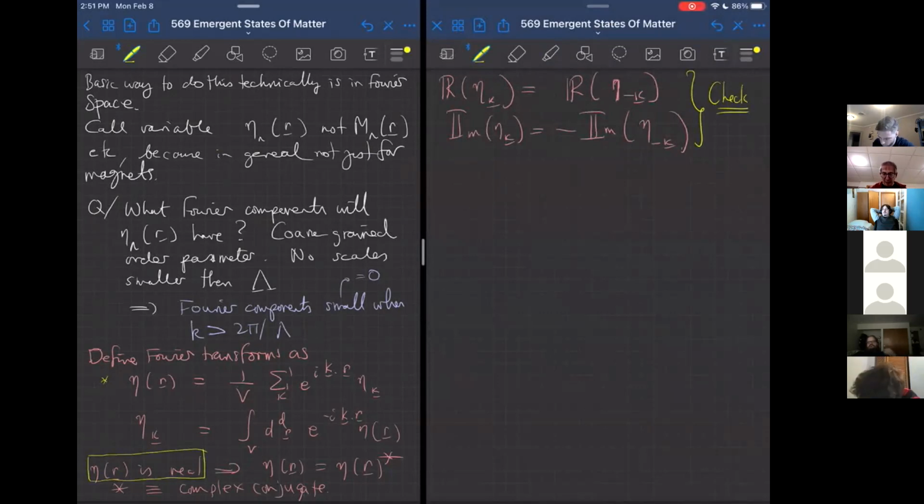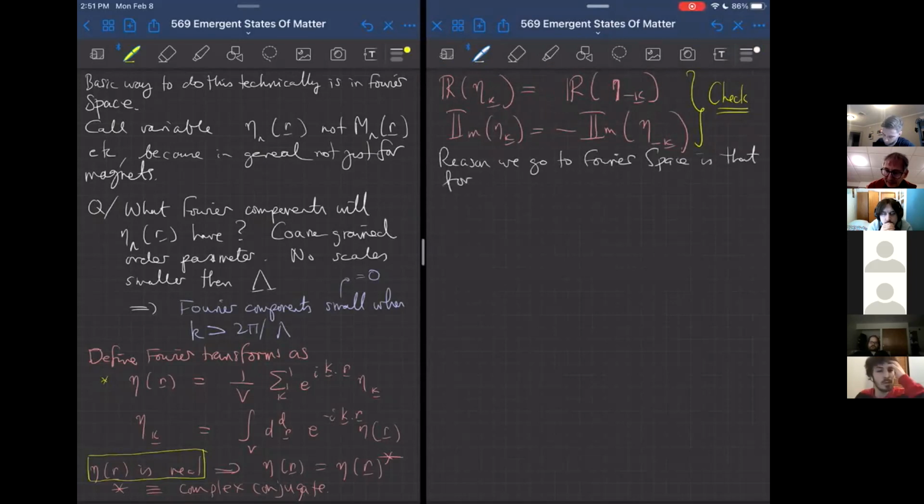The advantage of going to Fourier space is this: for a fixed, finite volume, say with periodic boundary conditions, the k values are quantized.